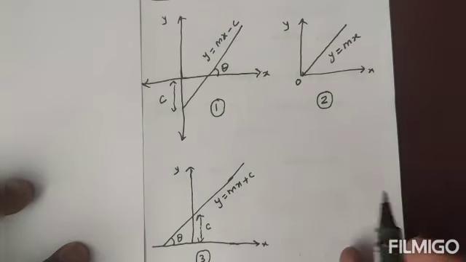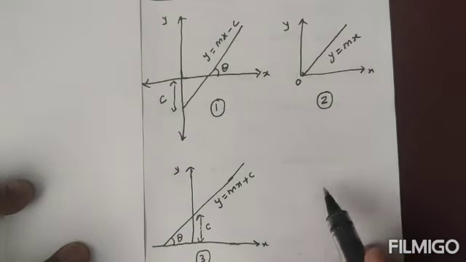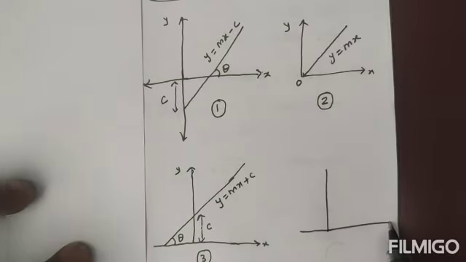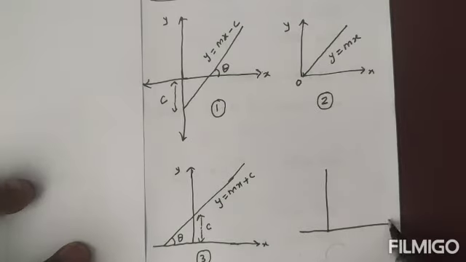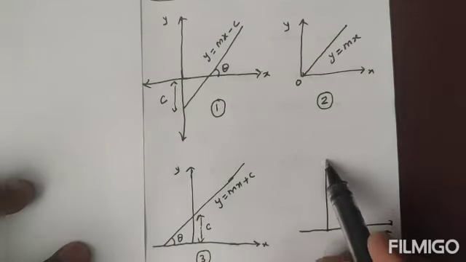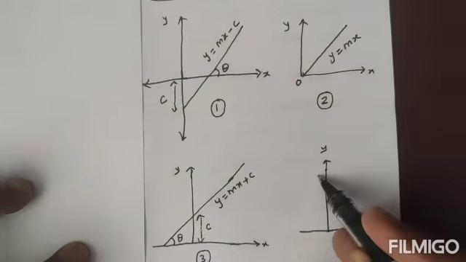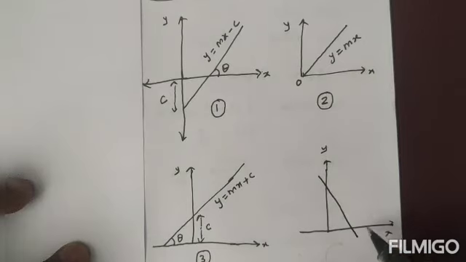Next, the fourth one. Suppose it is, as usual, the x-axis and y-axis. Suppose you get the structure like this, where the angle made is theta. Here theta is there, but here theta is here.